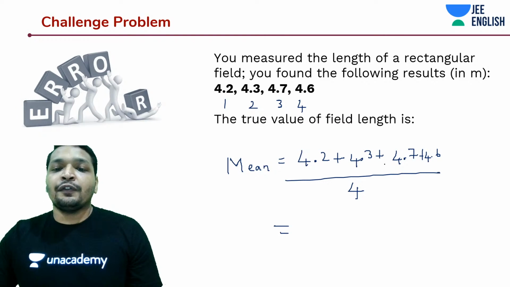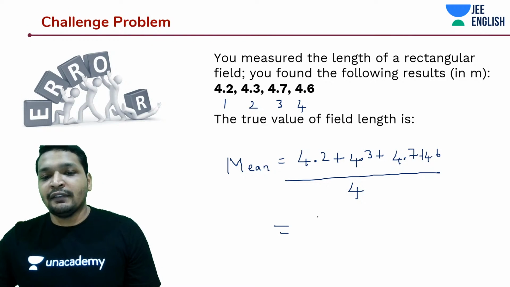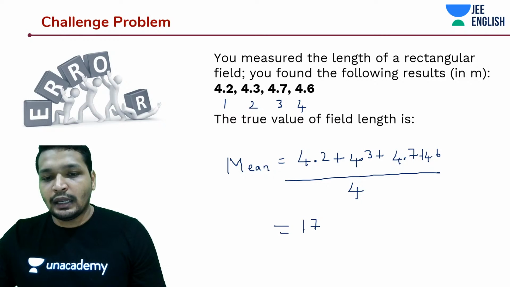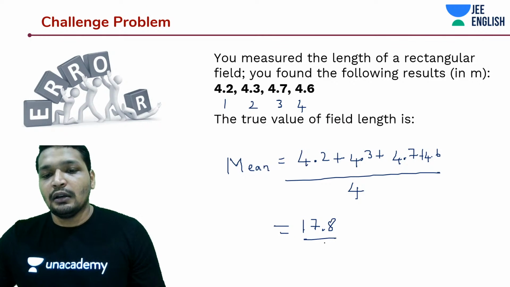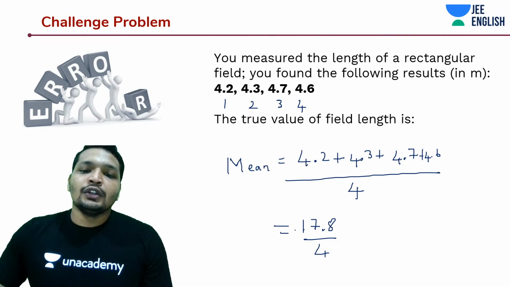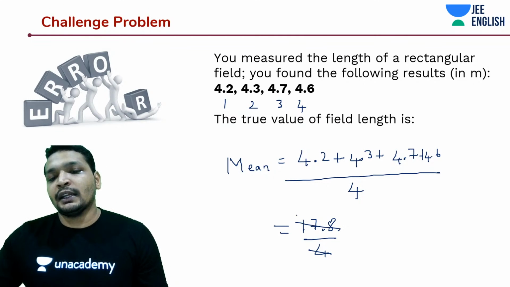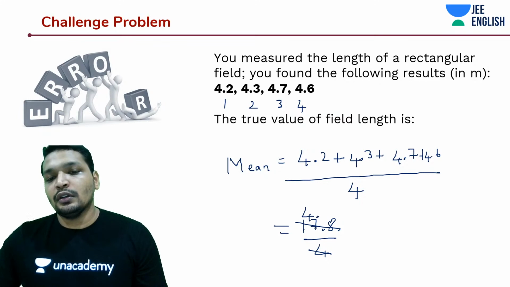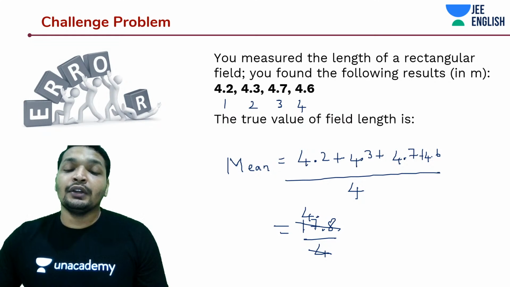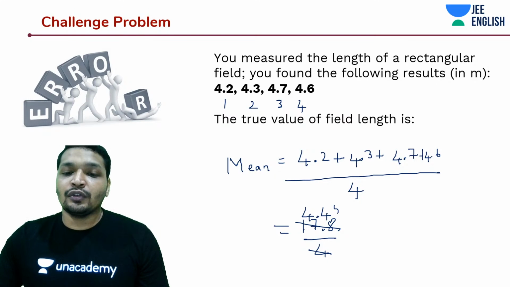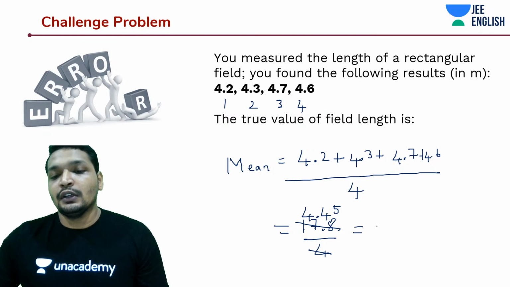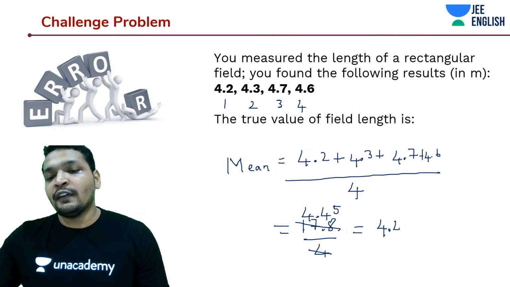And 9 plus 8.8 is 17.8, divided by 4. I get 4.45.